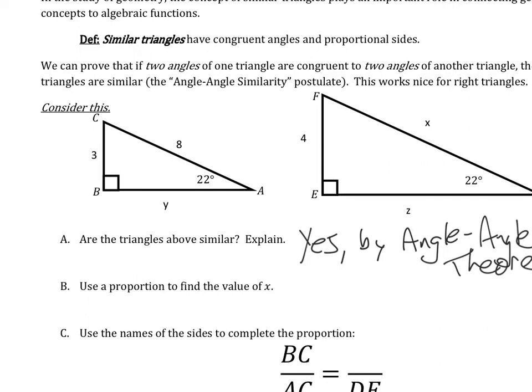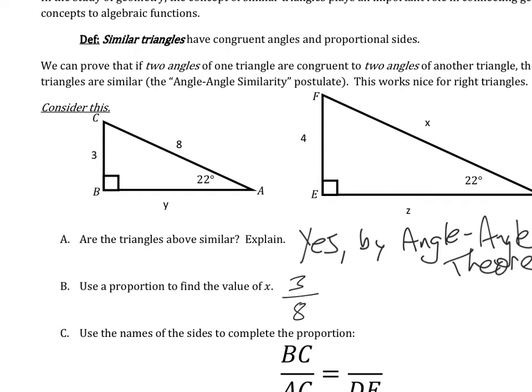So since they're proportional, we can find the value of x. x is a hypotenuse here, and we know this leg over here. Over here, we know the hypotenuse and the leg. Now, there are lots of ways to write this proportion, but let's compare a leg and a hypotenuse, because over here we have 3 and 8.